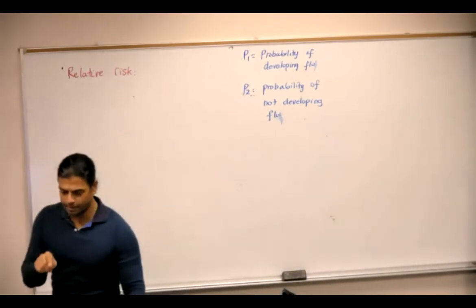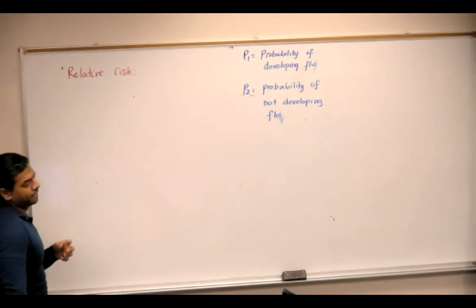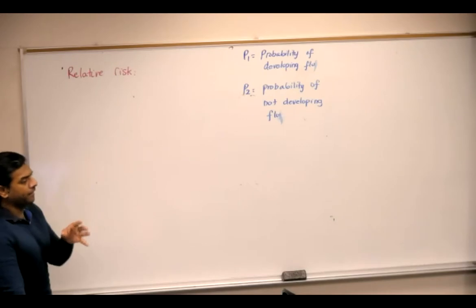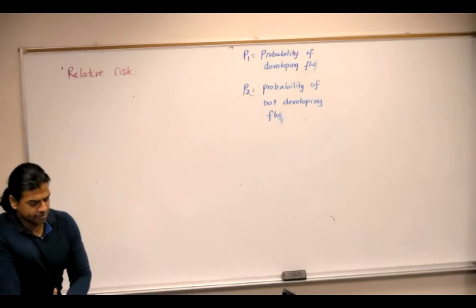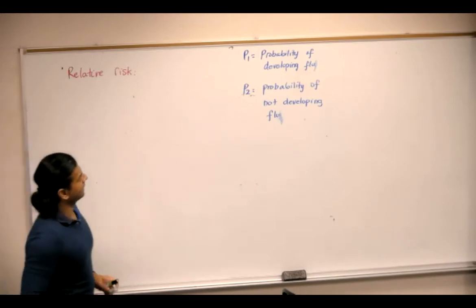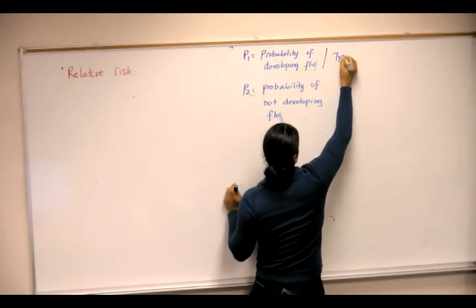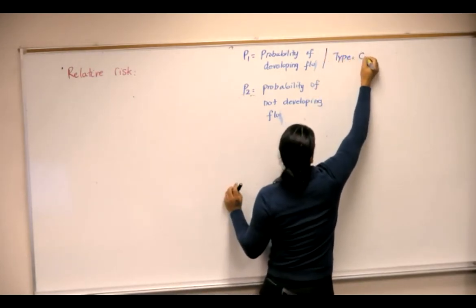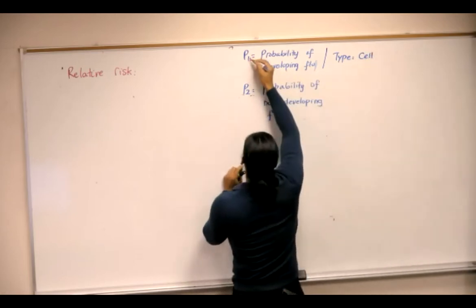So last time I made it very clear that we can't simply look at the probabilities, rather we have to look at the conditional probabilities. So we have two cases. We can condition on type equals cell. I'll call it 1, 1.